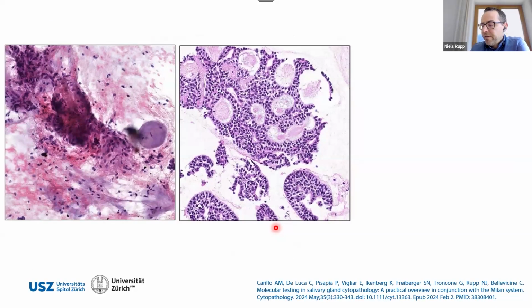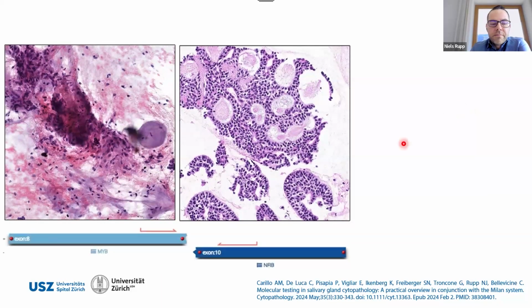And another very important differential diagnosis here. Probably you already saw what we are dealing with: this cribriform growth with this spherical extracellular material. Here in the sequencing, we did find a classical MYB-NFIB fusion, which is diagnostic of an adenoid cystic carcinoma.